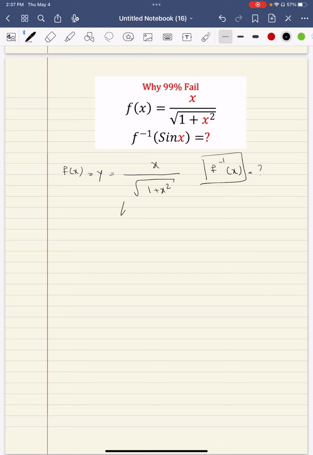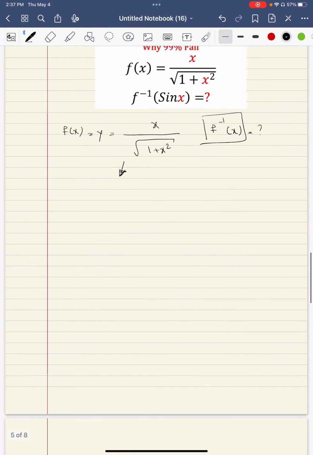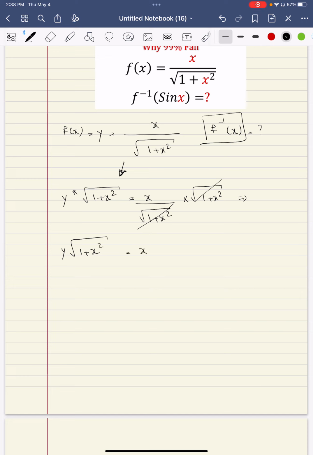So what we should do is multiply both sides of the equation by root 1 plus x to the power of 2, like this. These two parts cancel out, so we have y times root 1 plus x to the power of 2 equals x.